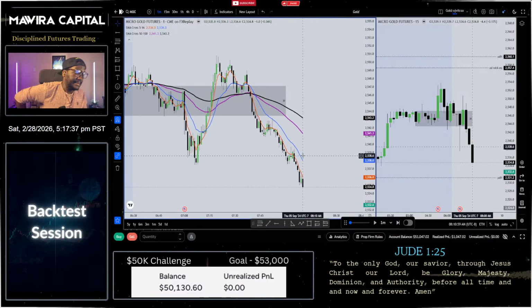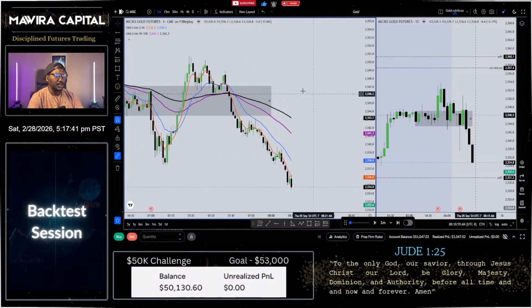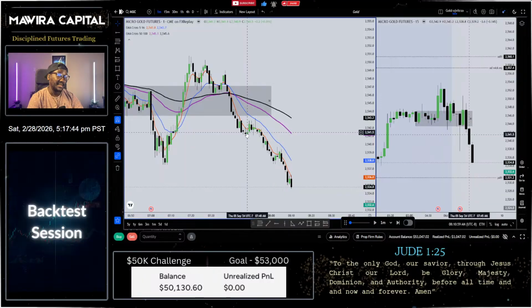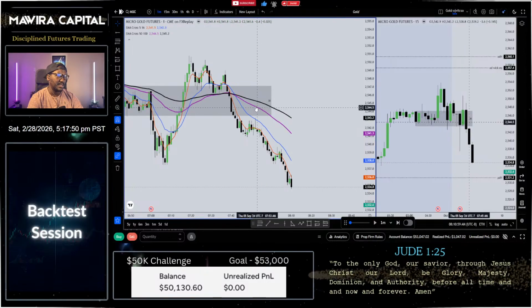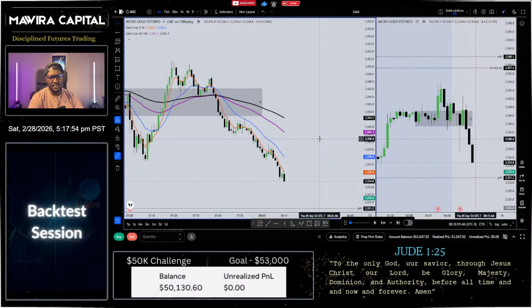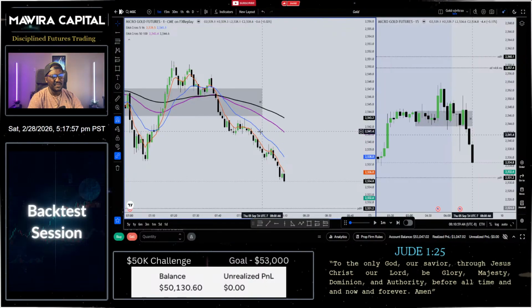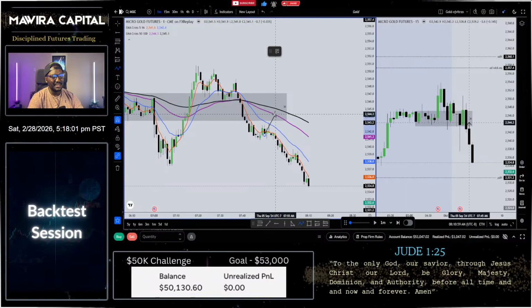Now, this is a disadvantage with my entry criteria, but it's all good because I want price to come and retest this area in between the purple and the black EMA. If I don't see that, I don't take a trade. But sometimes if the price is very much one-sided, it doesn't really come all the way.